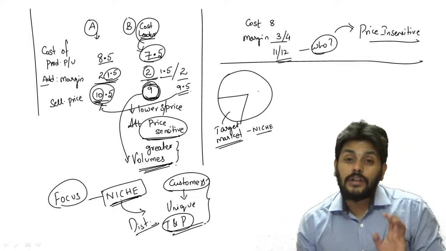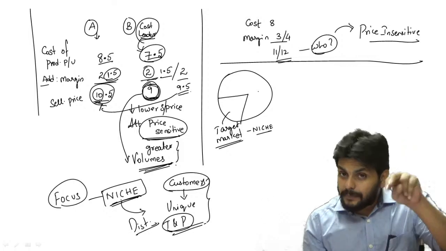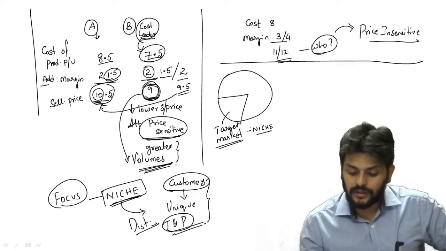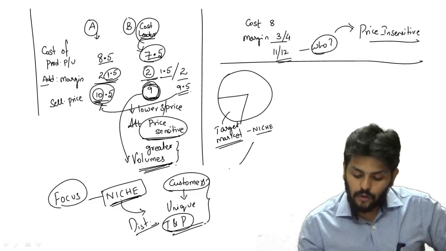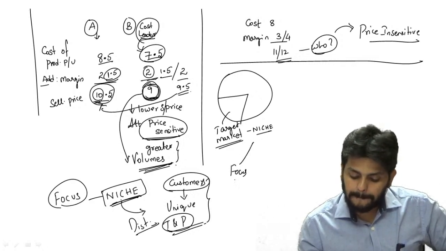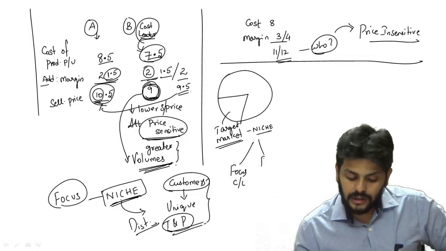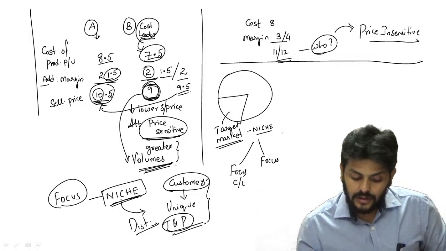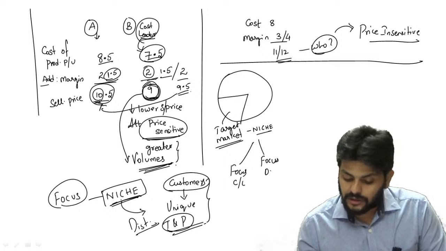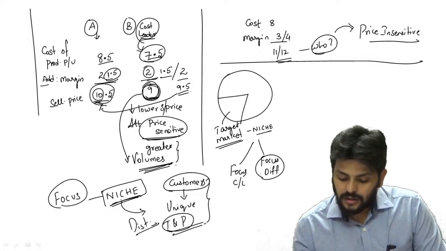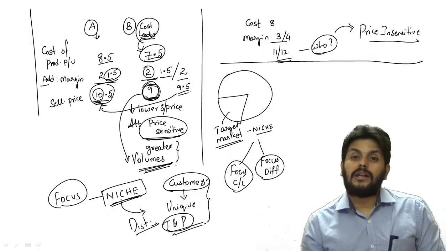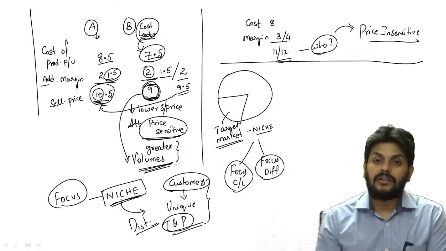Now you need to understand that there are two more sub strategies in focus, which are called focused cost leadership and focused differentiation. You may now ask me, you only told cost leadership and differentiation, two strategies.